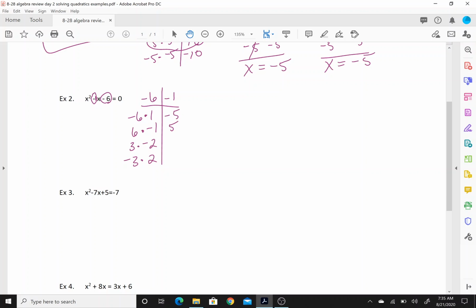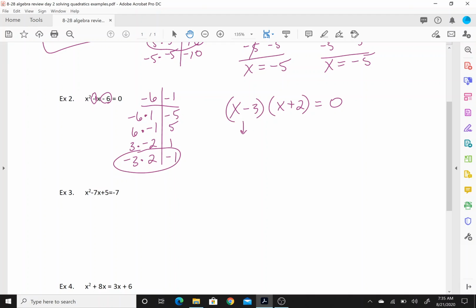Positive 5. 3 plus negative 2 is 1. And negative 3 plus 2 is negative 1. So it's going to be our last set. We have x minus 3 in one set of parentheses, and x plus 2 in my other set of parentheses. And again, that's equal to 0.